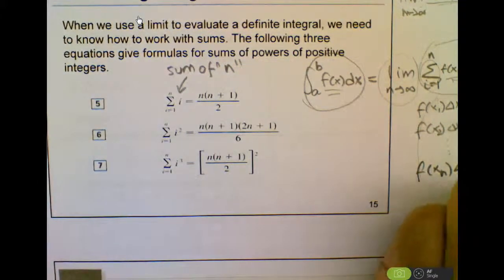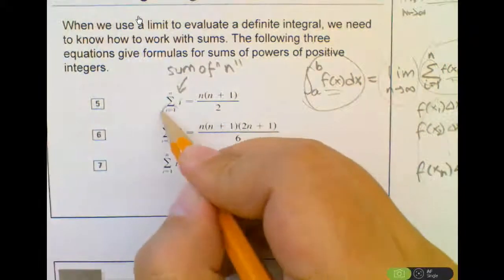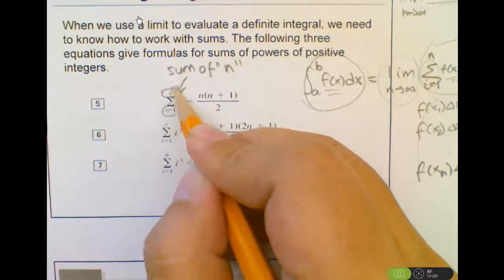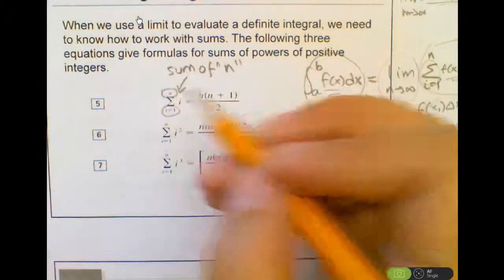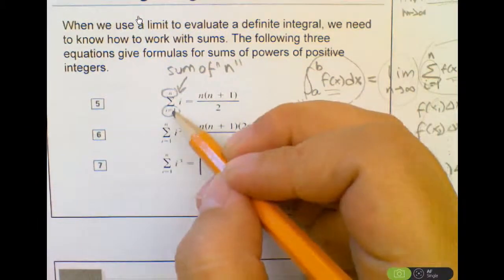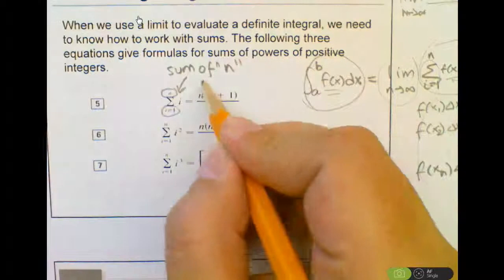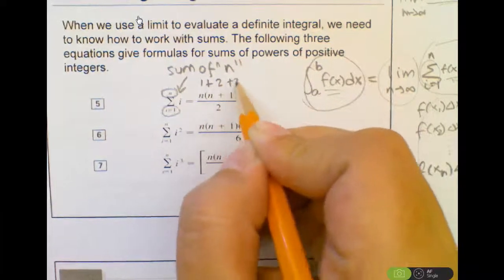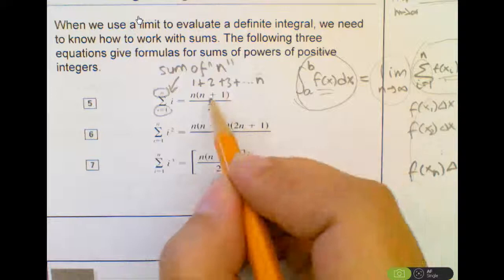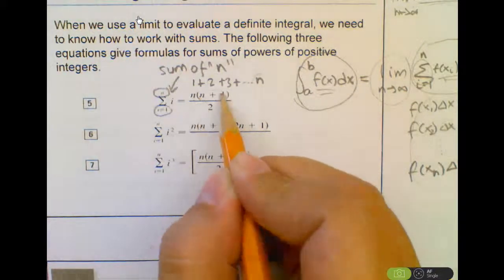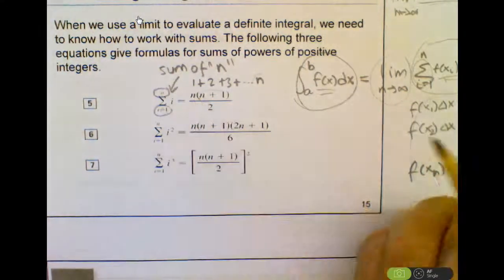If I want to add 1 plus 2 plus 3 plus 4 plus 5, if I start at 1 and add up to n, and it could be 10 or 20 or 30, but n in general, so 1 plus 2 plus 3 plus so on up to n, then the answer is n times the next integer, over 2.